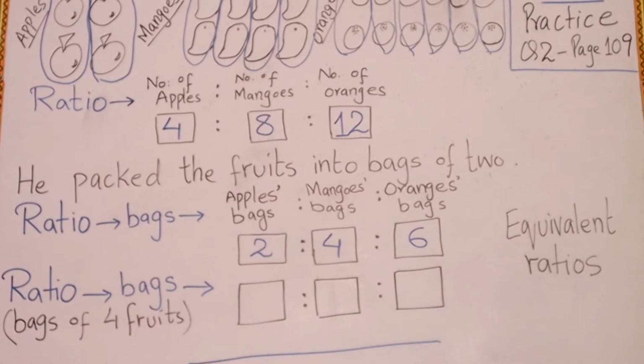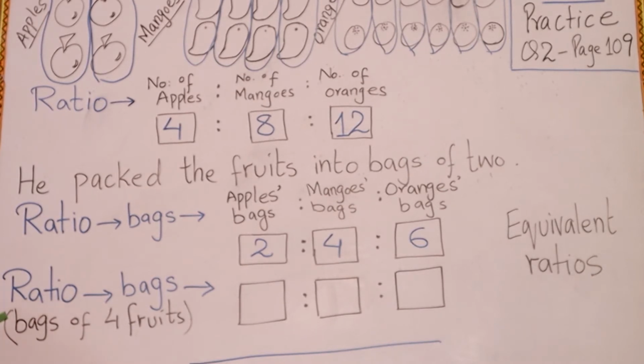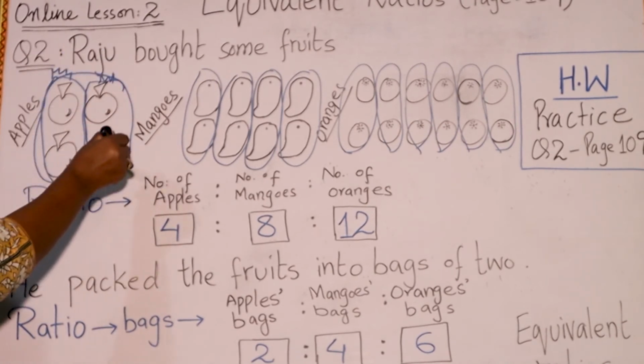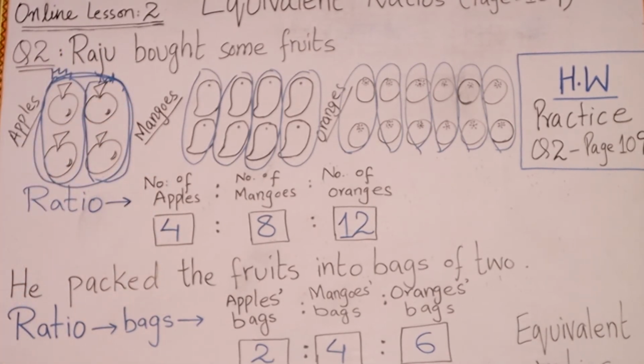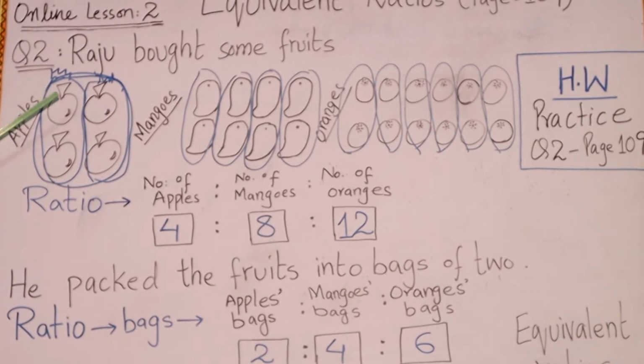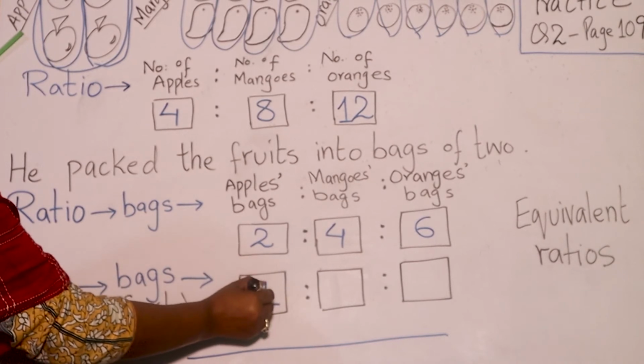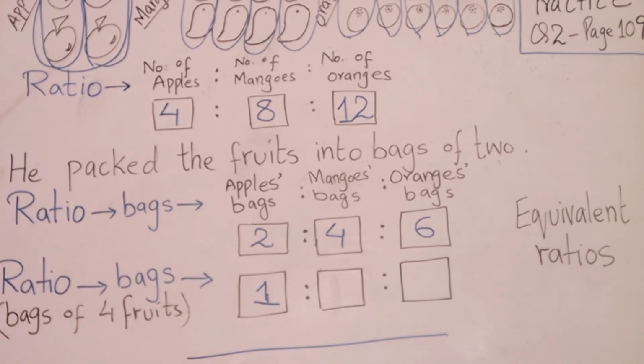Now Raju has changed his mind and he is interested to make bags of 4 fruits. Now he packed all the 4 apples in one bag, so 4 fruits in one bag. So for apples, the number of bags is 1.